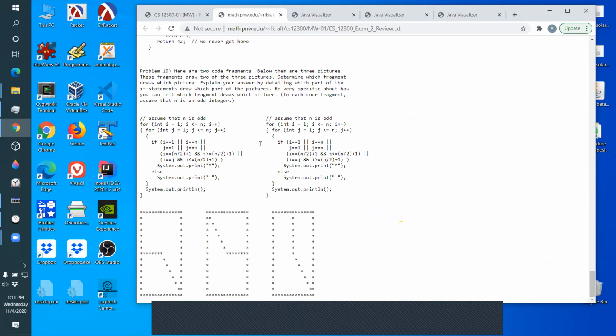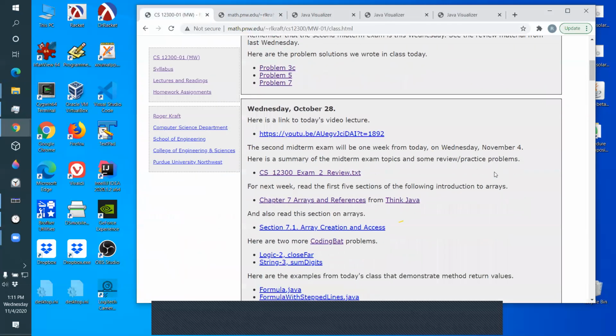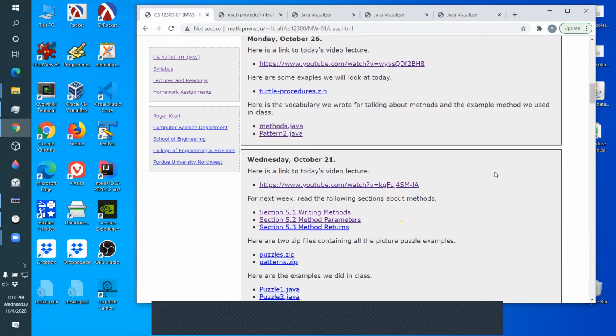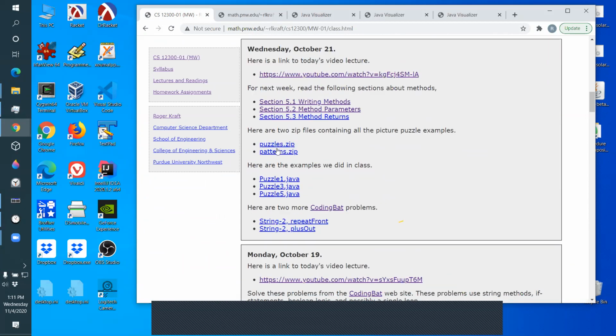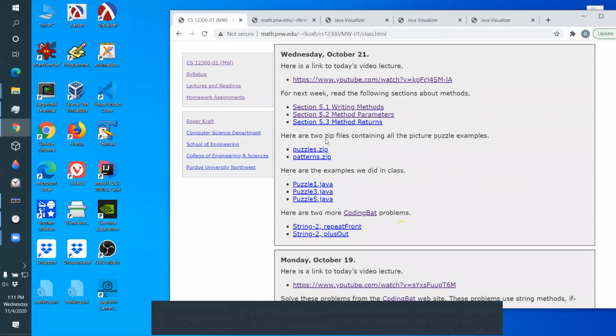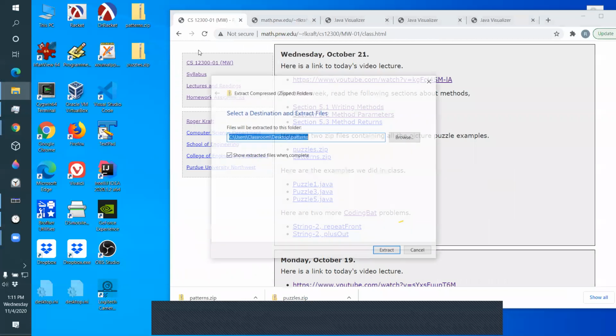Okay. Now, we talked about this before. Let me show you where we did something like this. We had these problems that drew, these puzzles and patterns examples. Now I can't remember if it's the puzzles or the patterns. Let me download both of them and show you where there's something similar to what that homework problem is about.